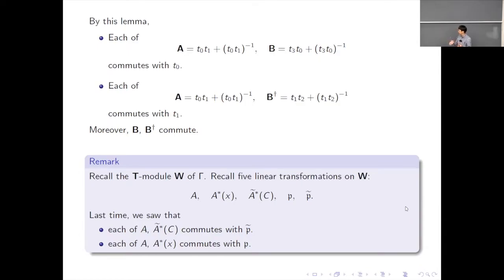P tilde is the orthogonal projection onto the primary T tilde module. Also, each of A and A star commutes with the orthogonal projection P. That is the projection onto the primary T module M x hat. You can see we somehow have a connection with the adjacency matrix and bold A and something like this.